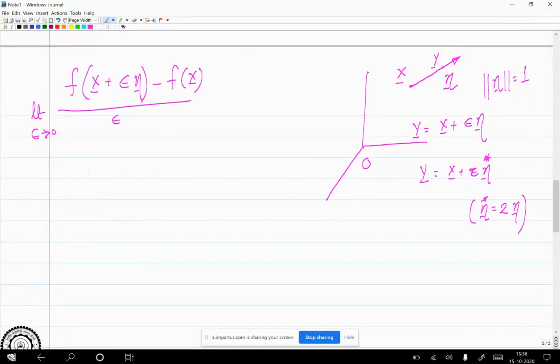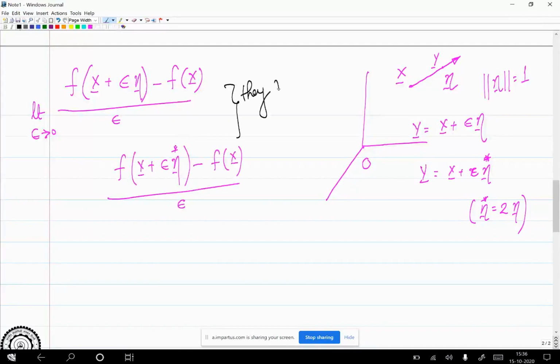In the second case, f of x plus epsilon into eta star, minus f of x, divided by epsilon. It will turn out that these two are not the same.